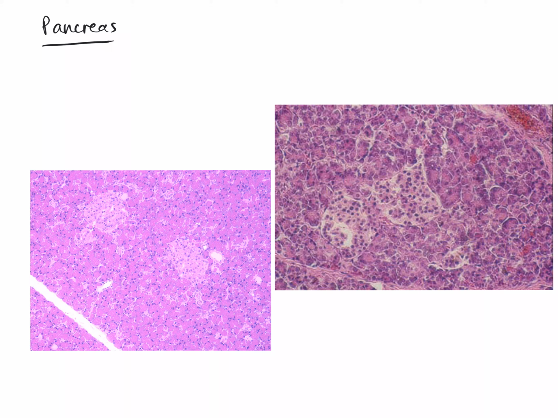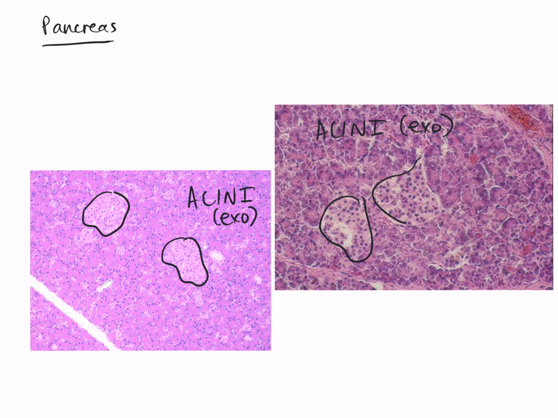Here we can see all around, or sparsely distributed in the section, pancreatic acinar cells, and these serve the exocrine function of the pancreas. That is to secrete digestive enzymes and juices to serve as an accessory gland for the digestive system. But more importantly, we can see little clusters of cells that serve the endocrine function of the pancreas, here and here, and these are collectively called islets of Langerhans.